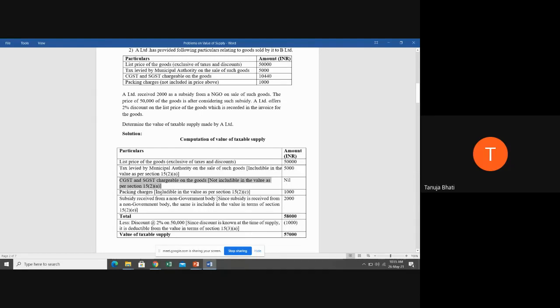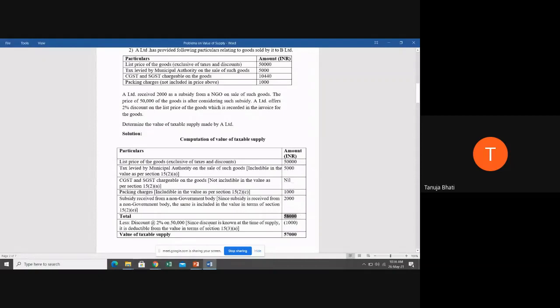Packing charges, which is included in the value of supply as per section 15 subsection 2 clause C, which is 1,000 rupees. Subsidy received from a non-government body as per section 15 subsection 2 clause E, which you have included. So when you add all this, you get 58,000.